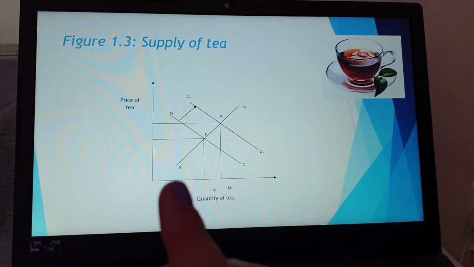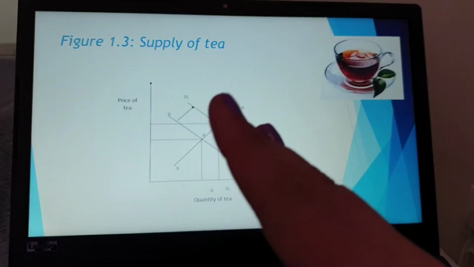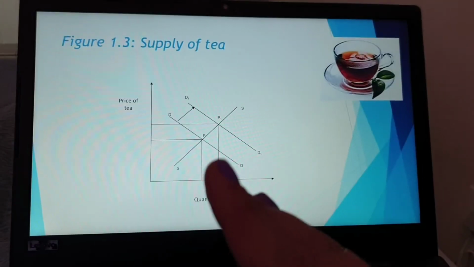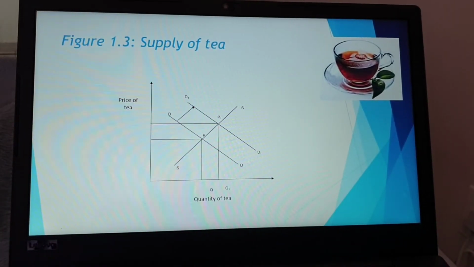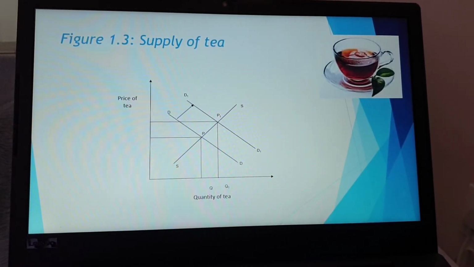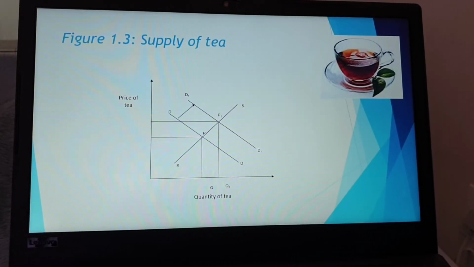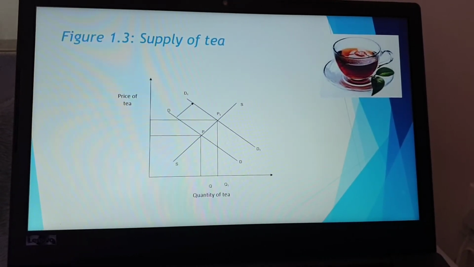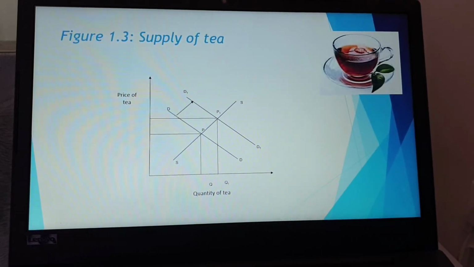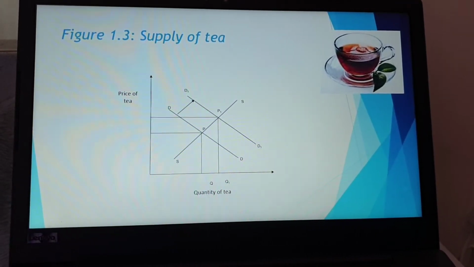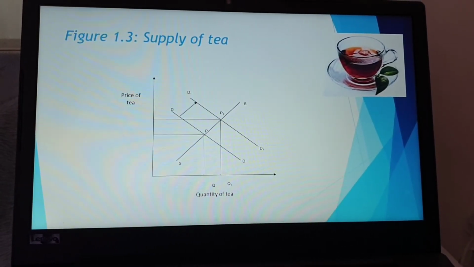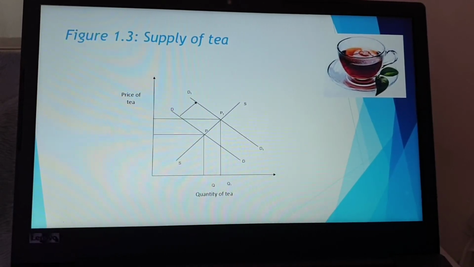So therefore my graph will shift up and outwards from D to D1. Alright, so because coffee is too expensive, people are going to look for an alternative. This can also include green tea, for example, or Milo, any other hot drink that will satisfy the same need as coffee gave you.